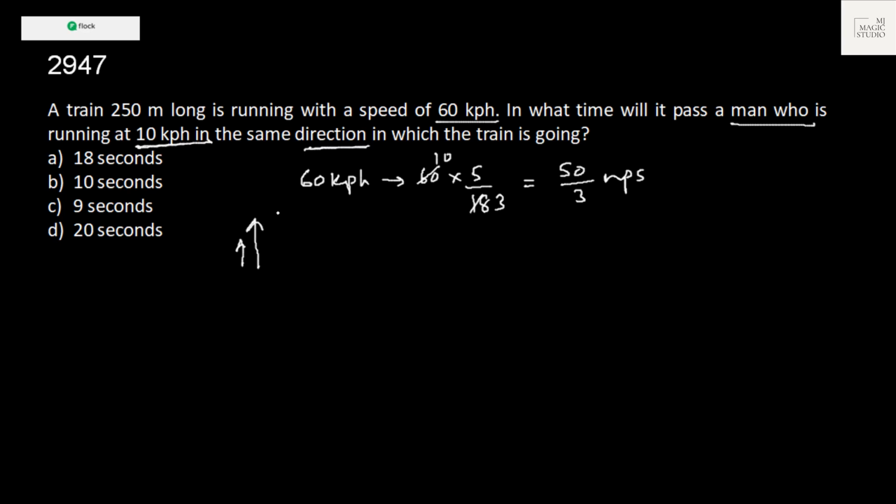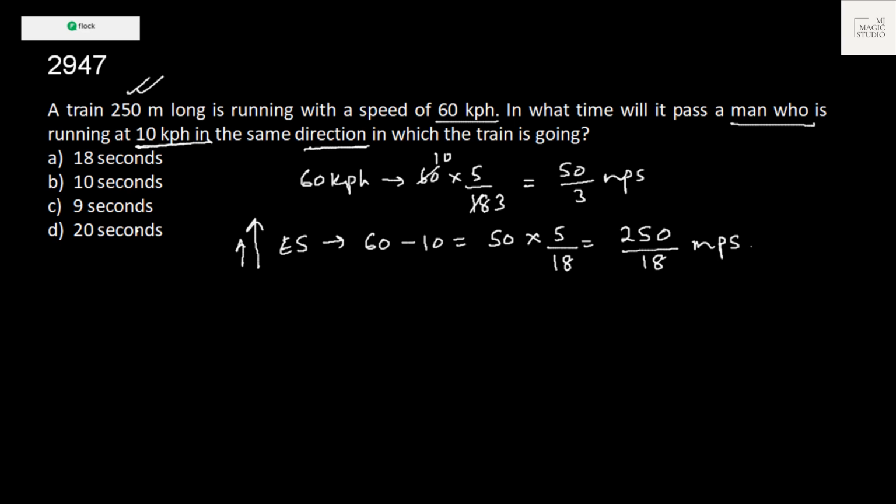In the same direction, that means the effective speed of the train is now 60 minus 10, that is 50. Let me convert this into MPS. So that would be 250/18 meter per second, the effective speed. And the distance the train needs to cover is 250 meter.